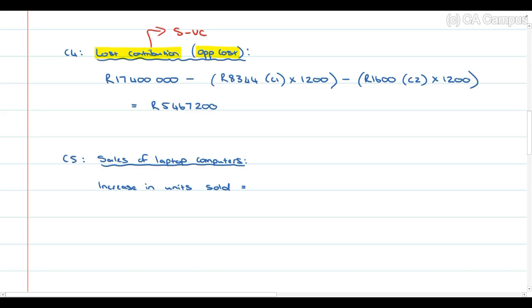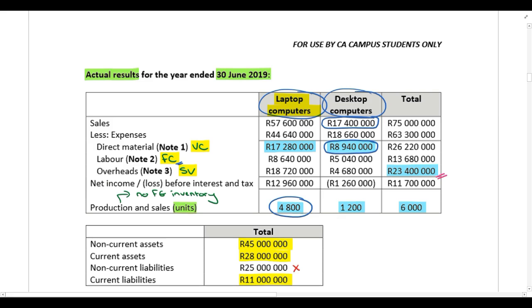If they discontinue the production of desktop computers, they are then going to sell 5,500 laptop computers. They currently only sell 4,800 laptop computers, so that's an increase of 700 units. So if you go back to the information provided, we've been given the total sales value, and we also know that that's based on selling 4,800 units.